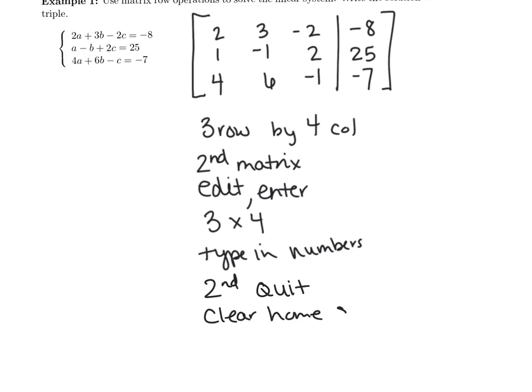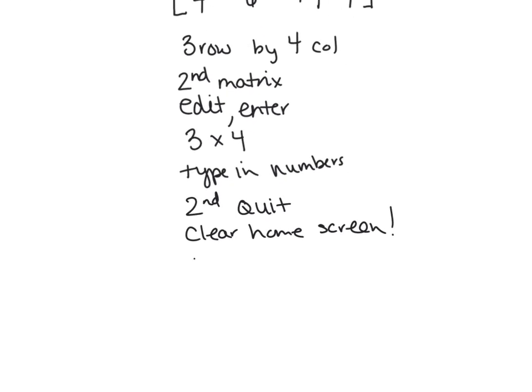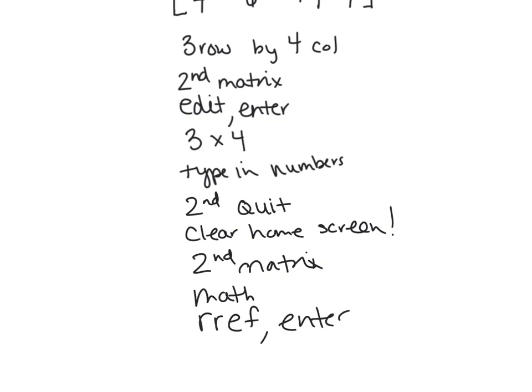Clear the home screen off. Then I want you to go back and hit second matrix again. And I want you to go to math this time. And then you're going to go down to where you see RREF. Not REF, RREF. You're going to hit enter. Then you need to pull your data from that matrix that you just entered.